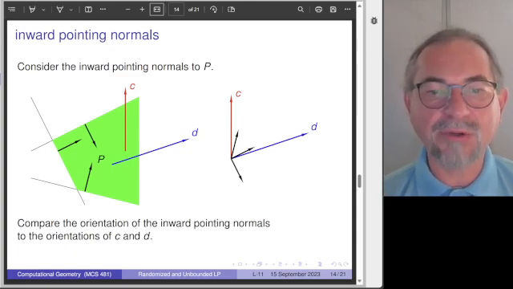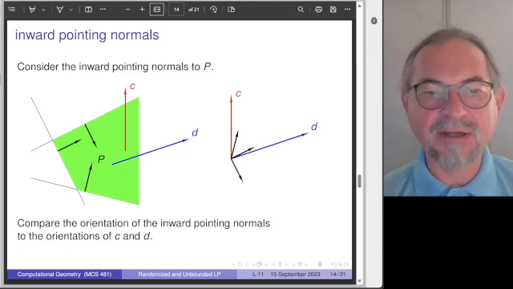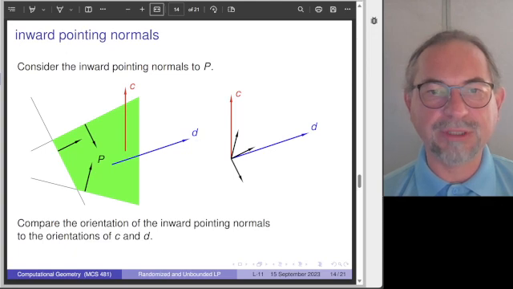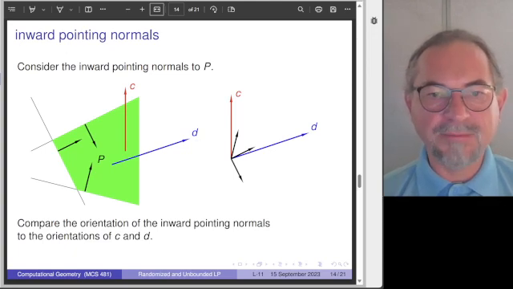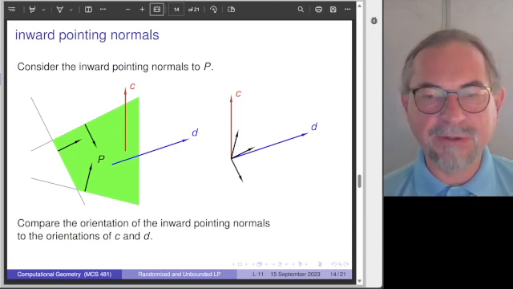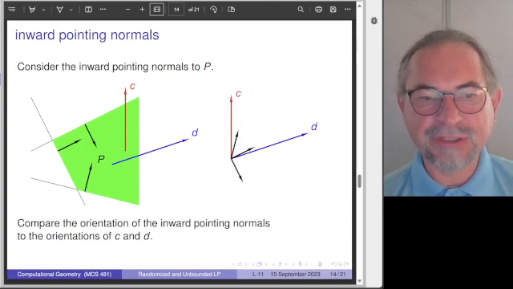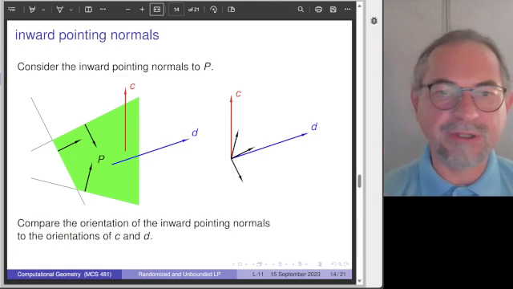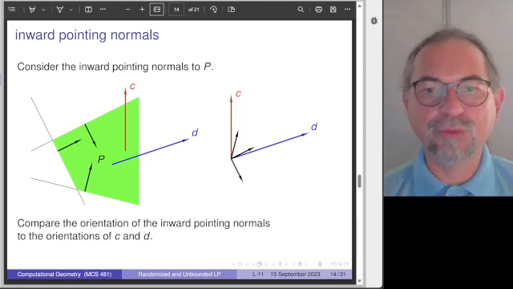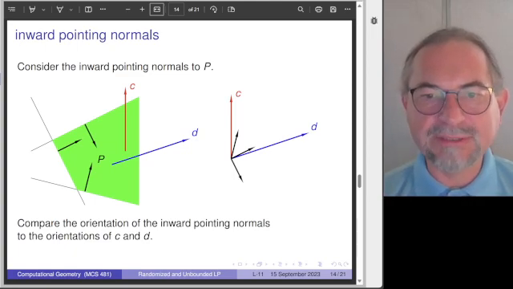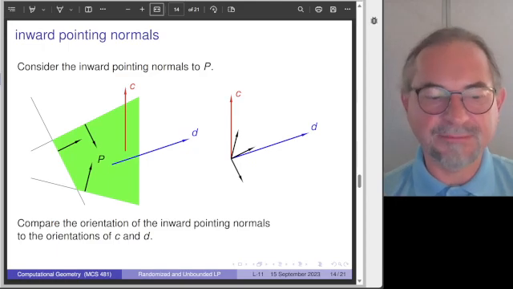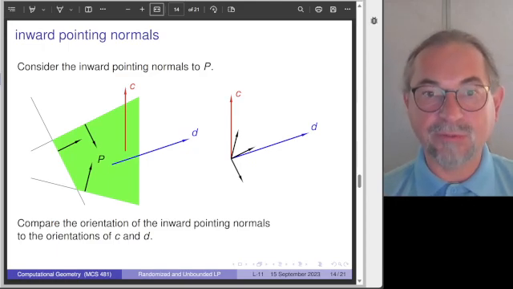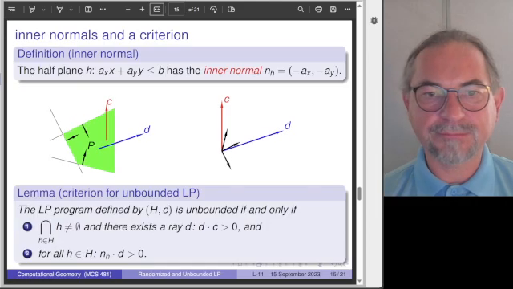So we have our ray that lies entirely inside the polyhedron. And if we compare the orientations, in particular the objective C that's now pointing upwards with the blue ray D, then we see that the characterization can be quickly verified with an inner product.